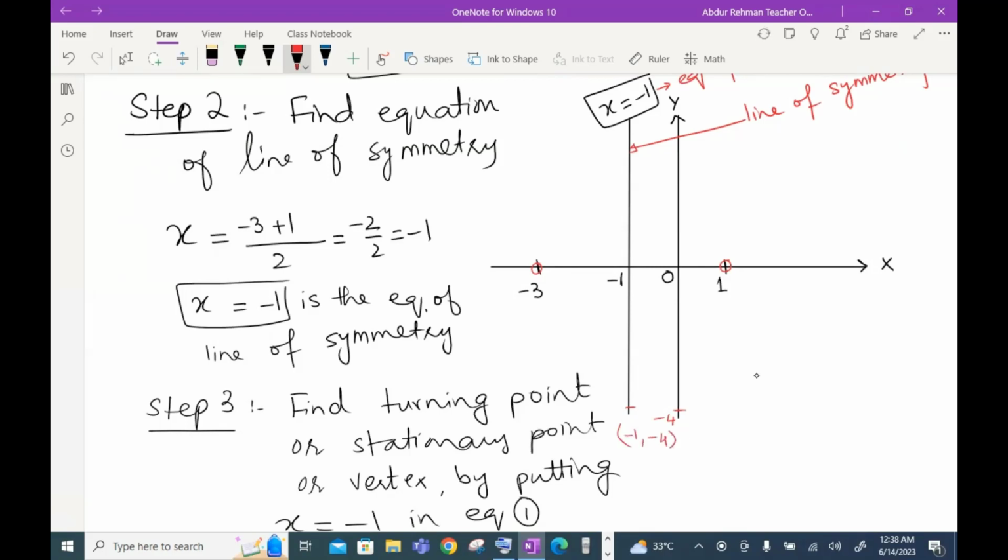This is the coordinate of the stationary point, or we can say the turning point, or we can say the vertex.